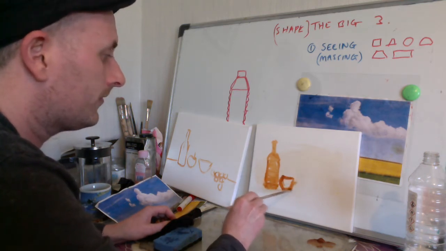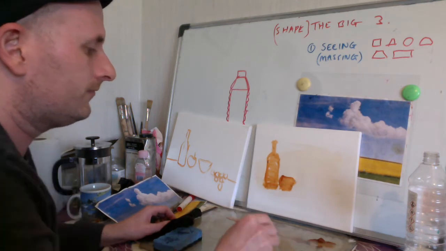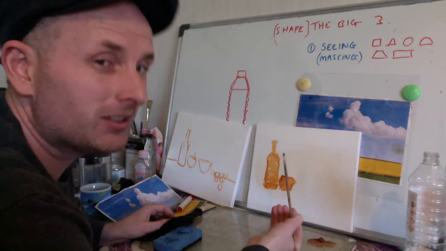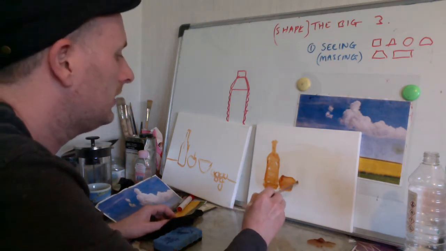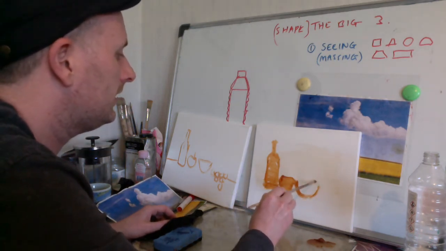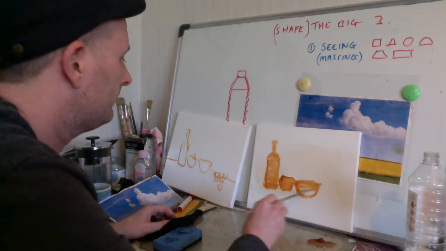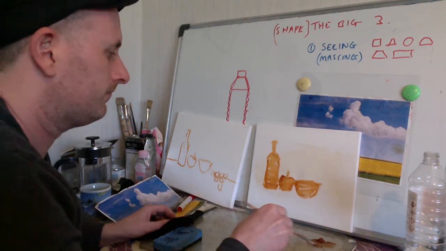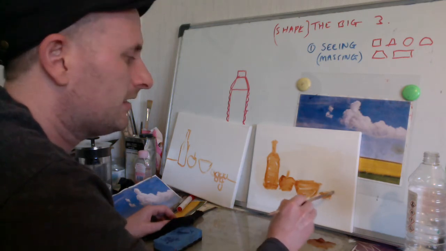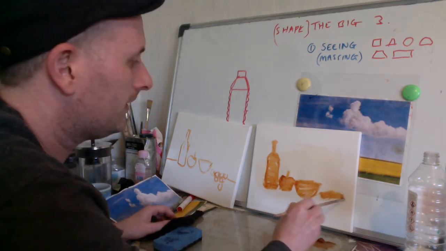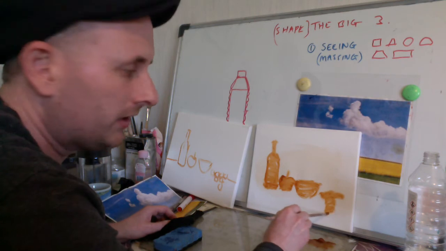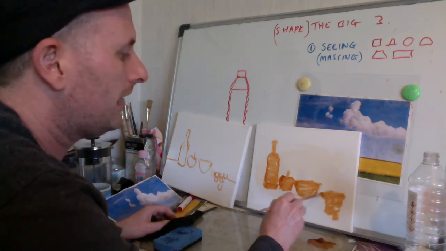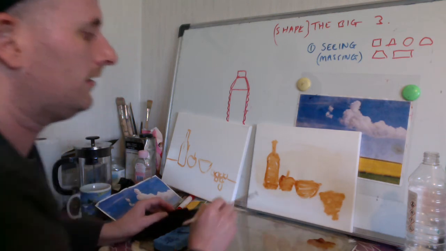And plus, when you fill it in, you can start rubbing out lights and even adding in some shadows as well, which are very, very easily done. And you can see these grapes, that I'm not seeing them individually. I'm almost seeing them as a triangle, the triangle that they are.